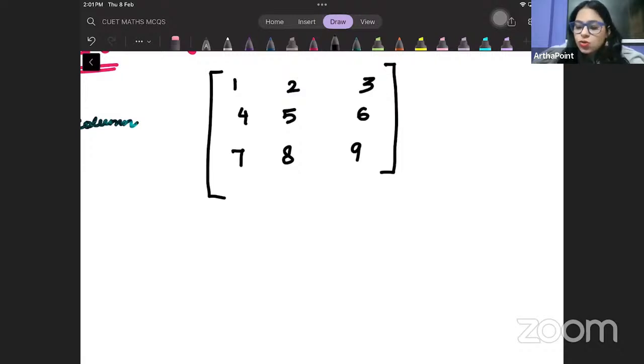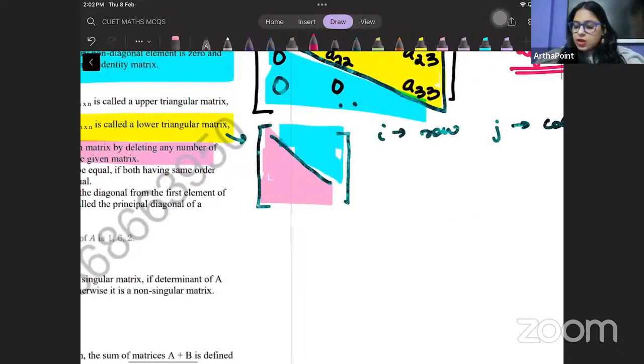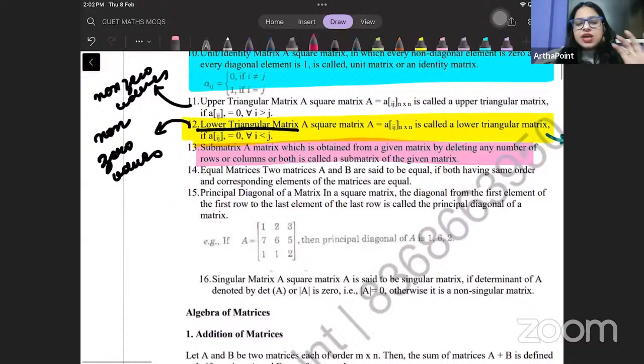Now I am telling you I delete the second row and the second column. तो जो मेरे को ये स्मॉलर मैट्रिक्स मिलेगा ना 1 3 7 9, this is a sub matrix of this bigger matrix. जो हमने वो बिगर मैट्रिक्स बनाया था उसका ये एक सब मैट्रिक्स हो गया. It's a smaller sub matrix created out of the bigger matrix. All these definitions can be asked as part of MCQ in your exam, तो इसको पढ़ना बहुत ही जरूरी है.